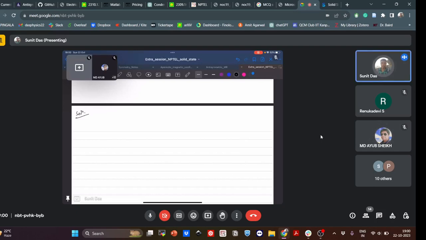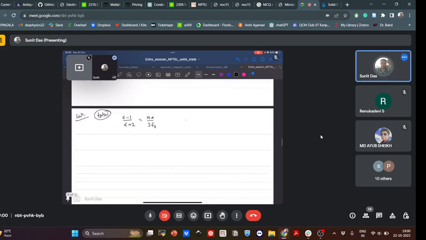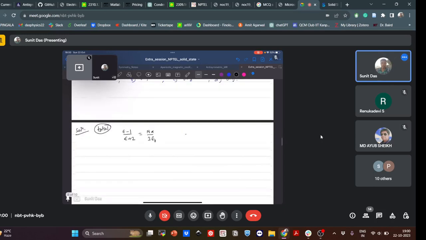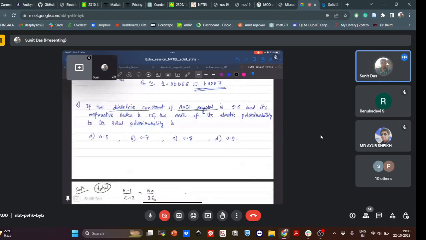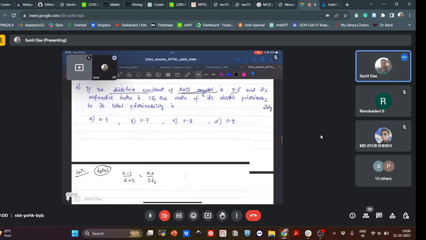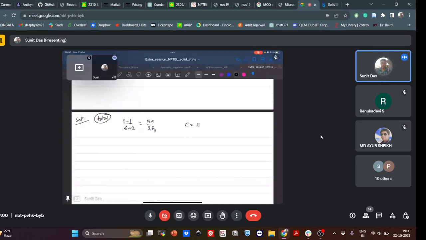So again we will use the Clausius-Mossotti equation. So this is, let's say, total. For total, the dielectric constant for the total crystal is given as 5.6. So epsilon is 5.6.